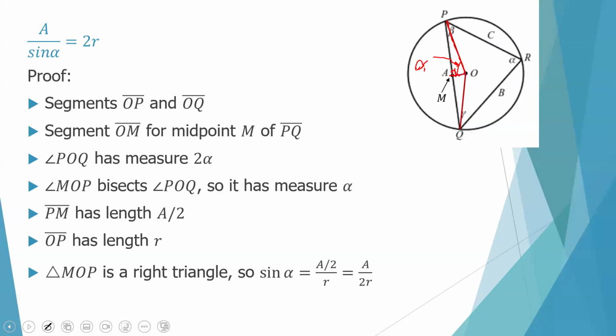So this is the opposite side. That's the hypotenuse. Cleaning that up, we see that it's equal to A over 2R, which we can then solve for 2R, and we have A over sine of alpha. And you can do this with the other side, and so on down the list. You can do this throughout the whole thing.